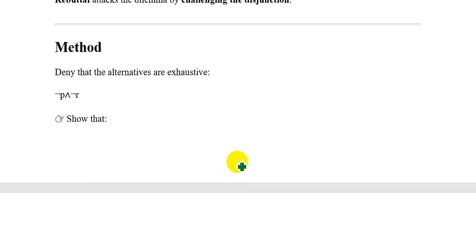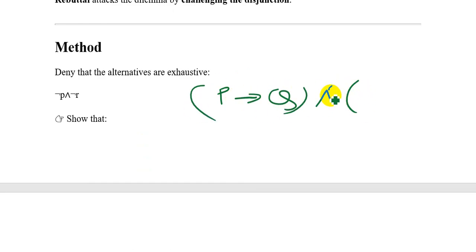Another method for the rebuttal of the complex constructive dilemma is, if P then Q and if R then S, we have to transpose the consequents and negate them.